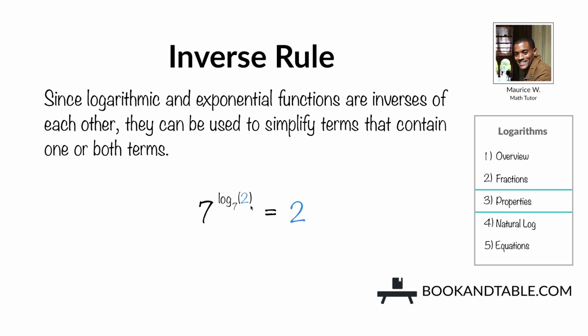So 7 raised to a power of a log with a base of 7 of 2 will be equal to the argument in the exponent, 2. Another example, let's say we had 13 raised to a power of a log of base 13 of x. This base 13 and the log of base 13 cancel each other out, leaving us with just x.